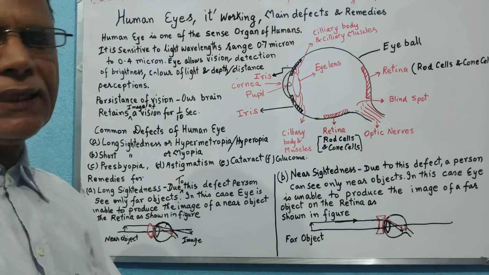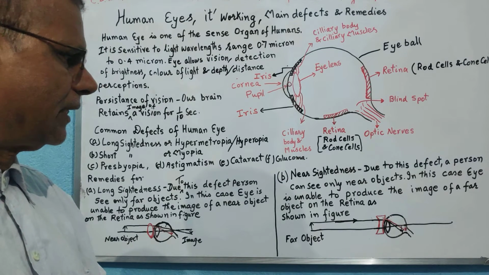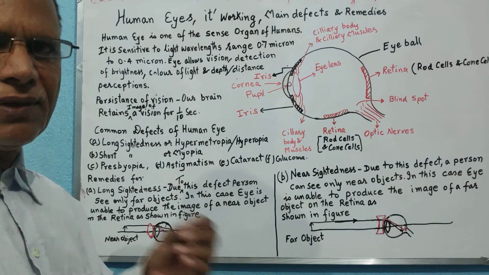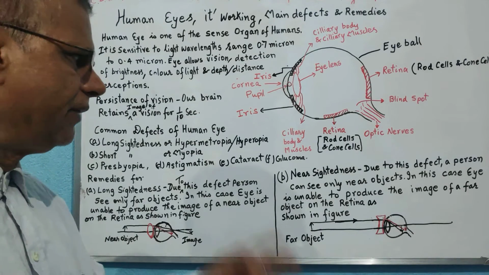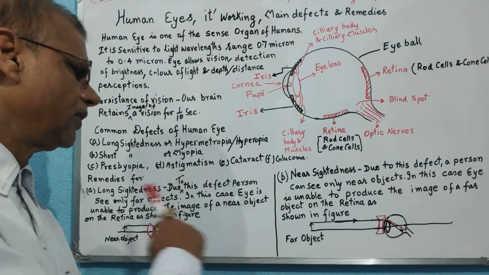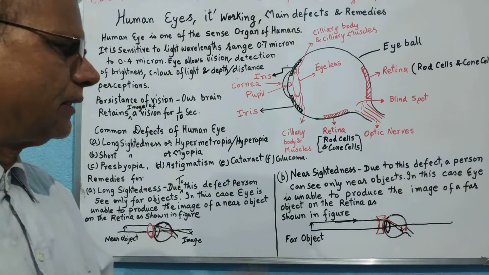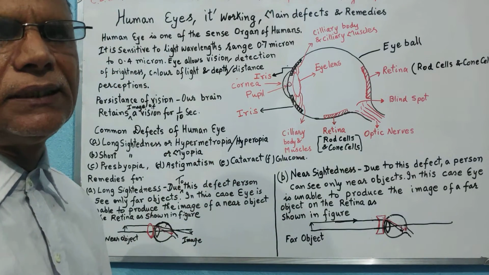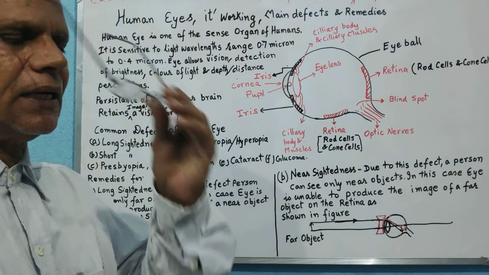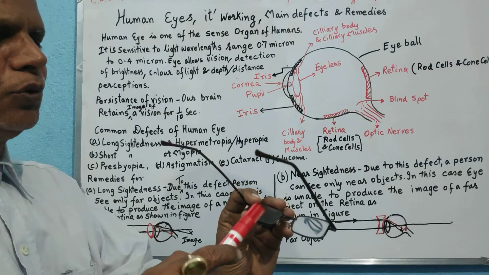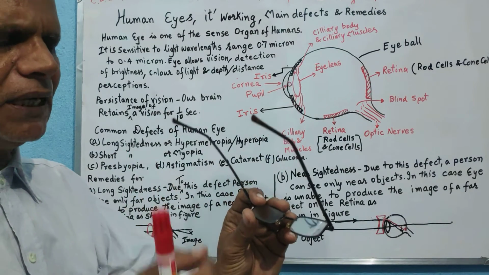So that is what we are doing with the specs. We have specs having a convex lens or a concave lens. And if a person is suffering from both defects, long-sightedness as well as short-sightedness, then you will see the lenses of the spectacles have two varieties placed in the same glass.